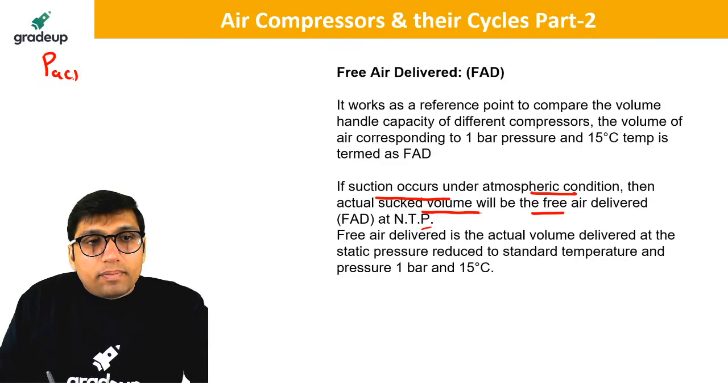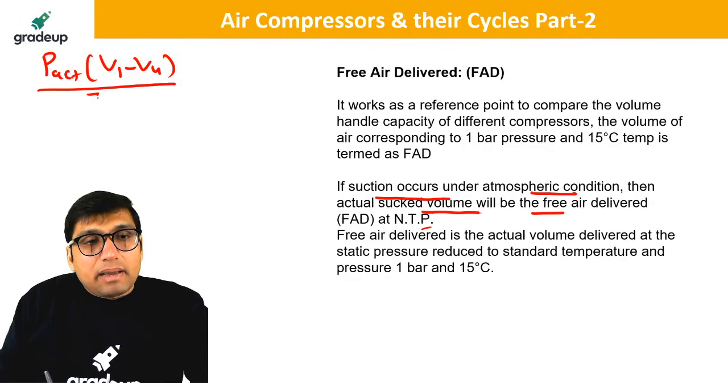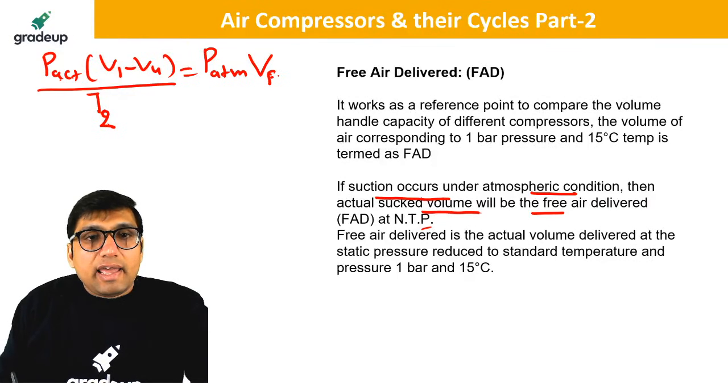This is the actual volume. The actual volume is V1 minus V4, divided by the temperature of the delivery, or T2, the discharge temperature. This will be equal to the atmospheric temperature into the volume, which is the free air delivery, divided by the atmospheric temperature.